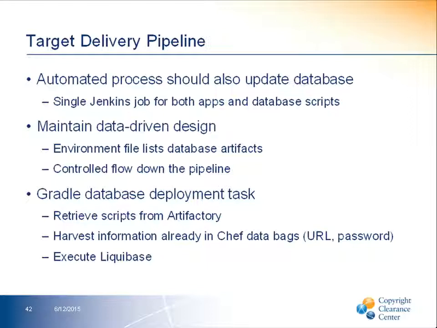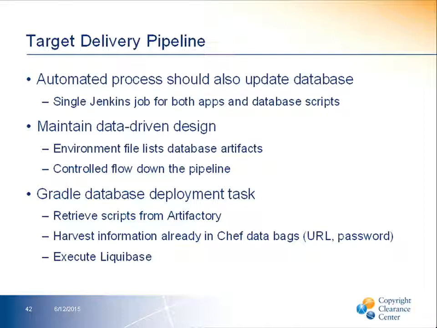So what we really wanted was to combine the database deployments into that automated box orchestrated by Jenkins and get a full stack automated deployment. And we want to maintain that data-driven design. So if you think about maybe a project introduces a new database artifact and it needs to move down the pipeline along with the app, but the production version is older and doesn't have that database artifact yet.